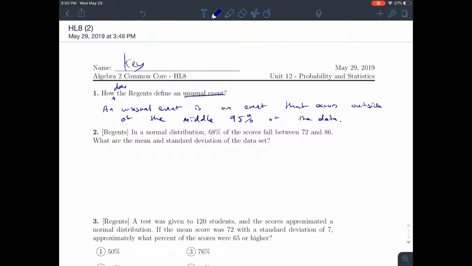So for example, if you have a bell curve and you've got your 95% interval set up, that would be between -2 sigma and 2 sigma from the average. Any event that occurs outside of this central 95%, like this event or this event, those would be rare or unusual events.